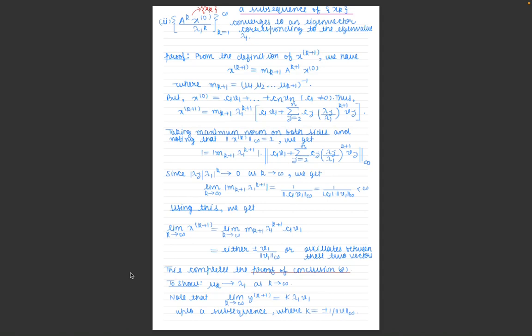This follows from the adjusting factor mu, and we have already mentioned why this norm is 1 in the remark. We get that 1 is actually the modulus of m_{k+1} times the modulus of lambda 1 to the k plus 1 times the norm of c1 v1 plus the sum over j going from 1 to n of cj, then this will happen, right?